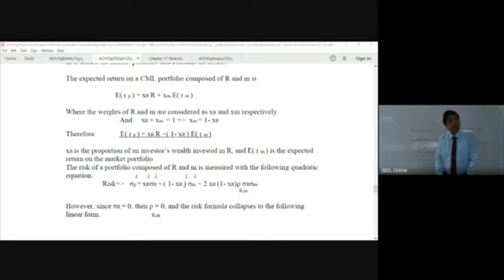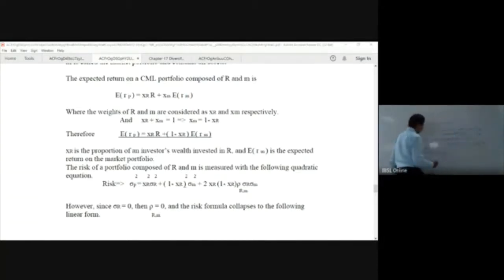Sigma p squared is equal to W1 squared sigma 1 squared, so and so forth, W2 squared sigma 2 squared, plus 2 W1 W2 covariance 1,2. So that is the formula we are going to apply here. In order to do that, we have to assume certain things.